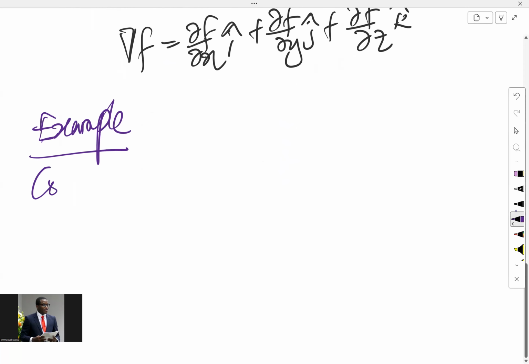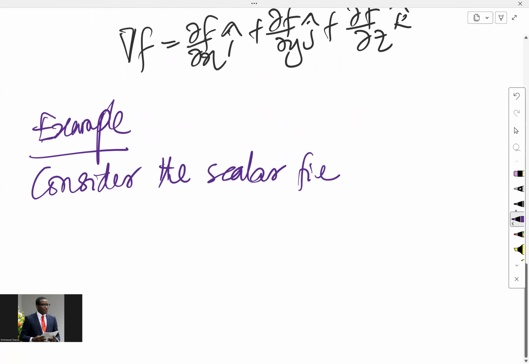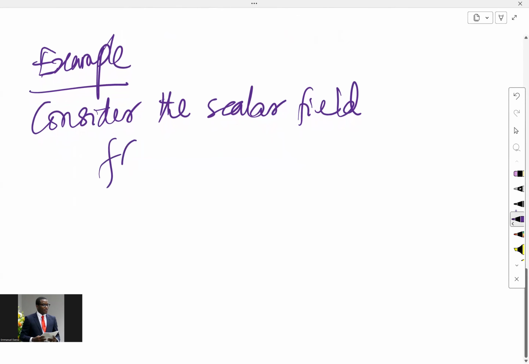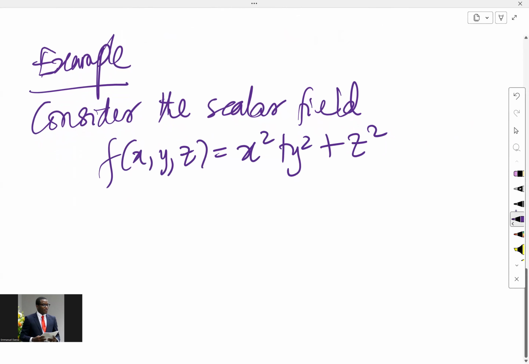Consider the scalar field f of x, y, z equals x squared plus y squared plus z squared.